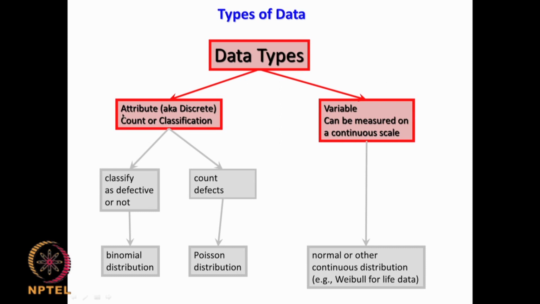Now under this discrete, we can classify it as defective or not. Especially if you take a factory where they manufacture a lot of products, for example they are manufacturing screws and they would like to have the screw of 10 mm diameter. So any screw that is not 10 mm, if it is 9 mm or if it is 11 mm, it is called a defect.